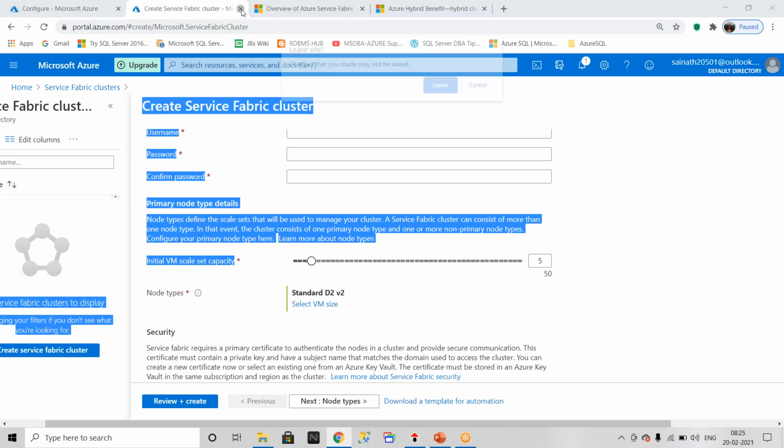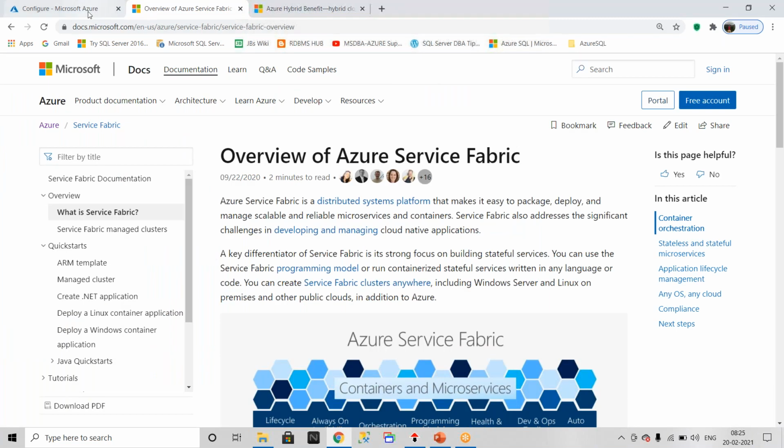Clear? Not clear? Azure Microsoft is using Service Fabric in the backend. That can be Windows, Linux, or containers.